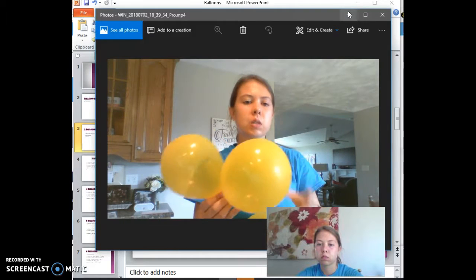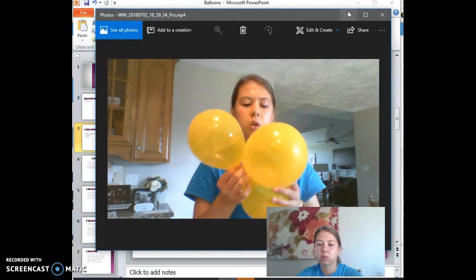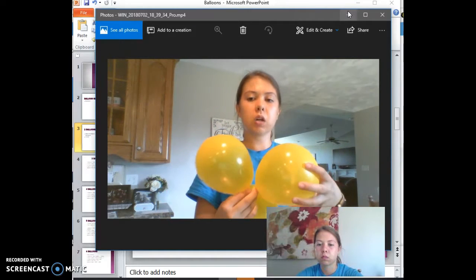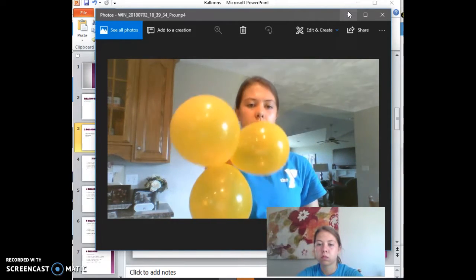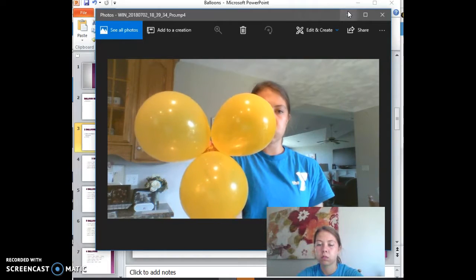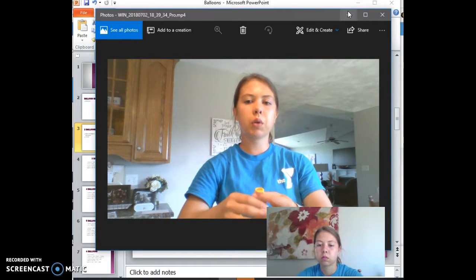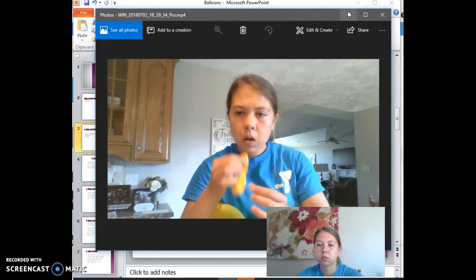Now with all 3 of these put together, you will form a triangle planar geometry shape. And now I will blow up my 4th balloon.